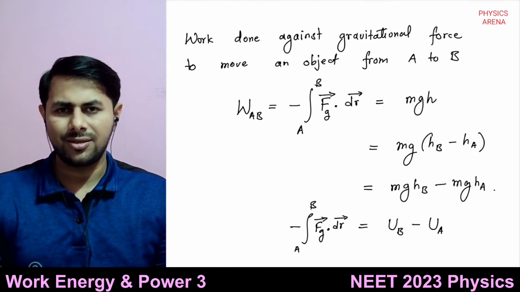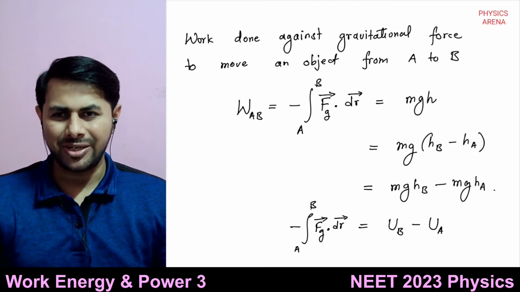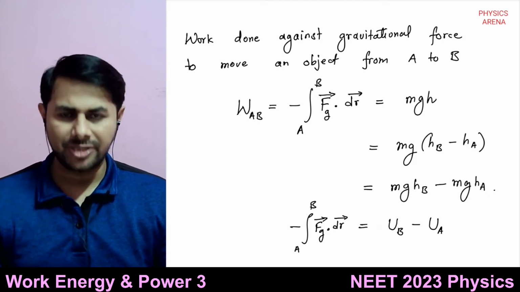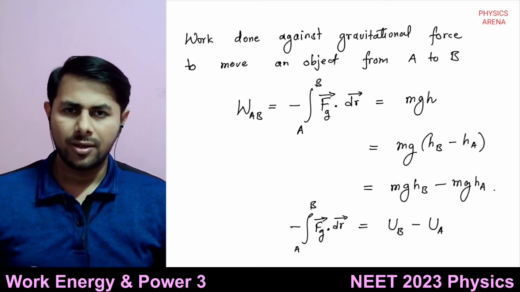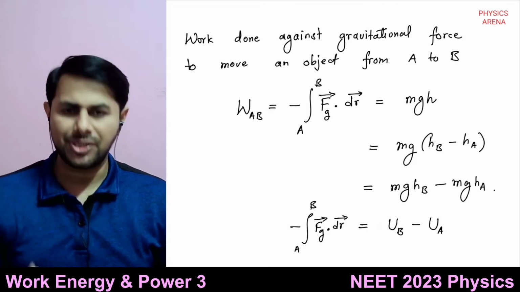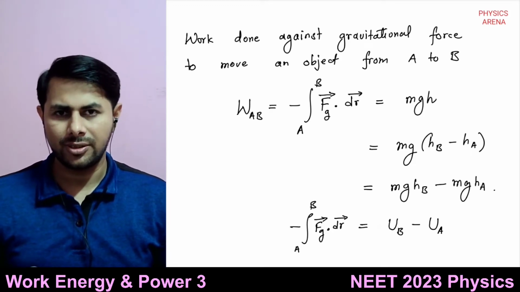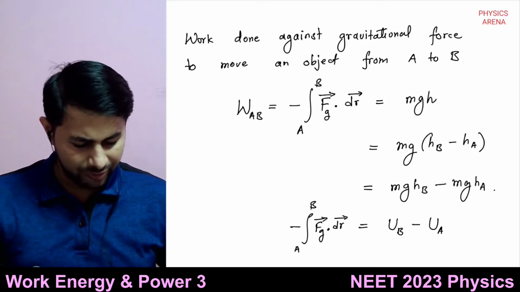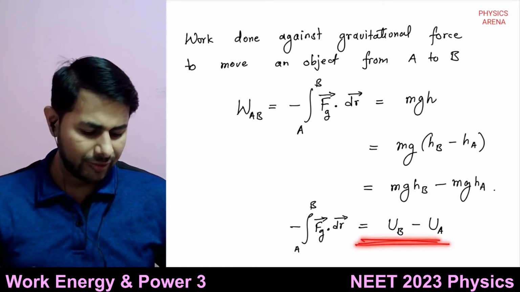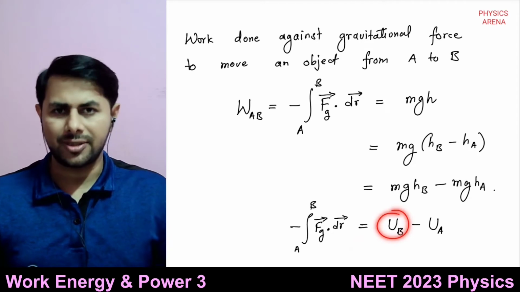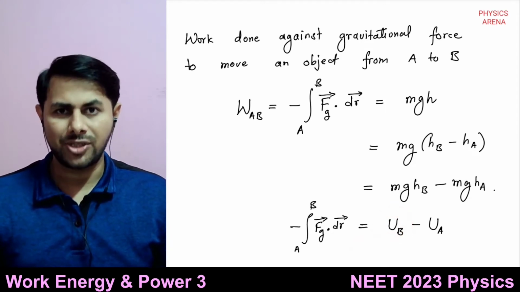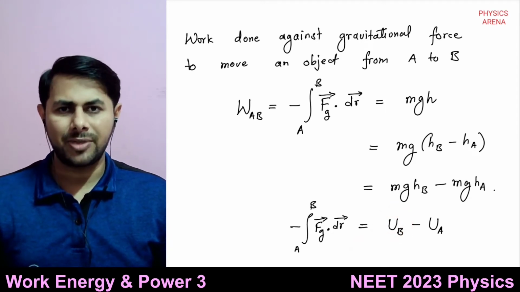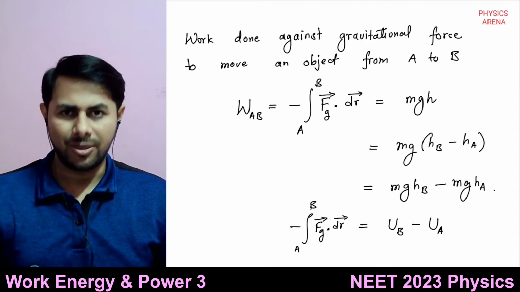So this is clear. This is true for gravitational force, and it must be true because, see, what's the special thing about the gravitational force? The work done does not depend on the path followed. That's why we can write, that's why we can define a quantity like potential energy, because the work done depends only on start point and end point.